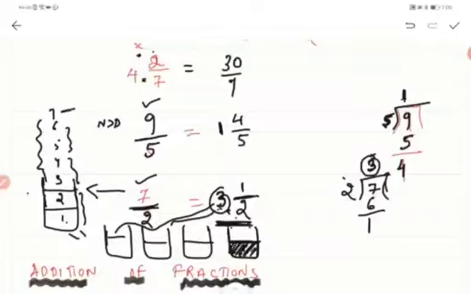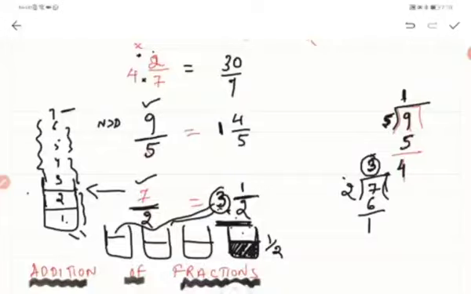So one part you are accommodating in this, and the other is left empty. So the fraction you are representing for this container is 1/2. I hope the pictorial representation is clear. You need to understand the concept here, so that's why I'm taking more and more examples.